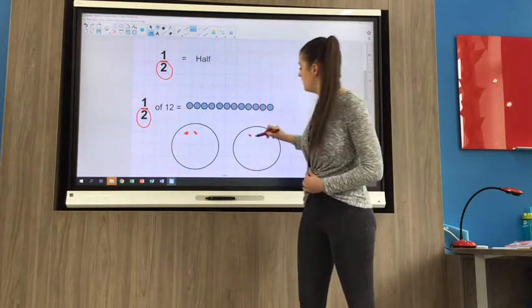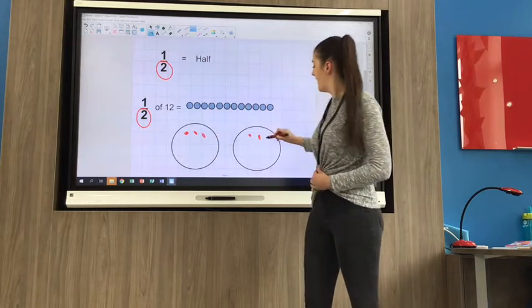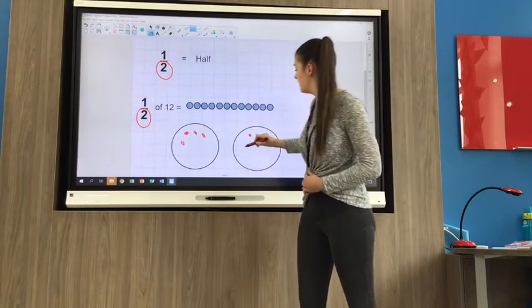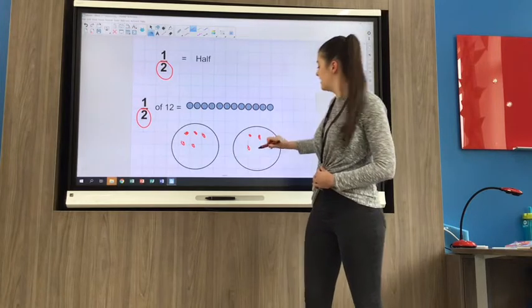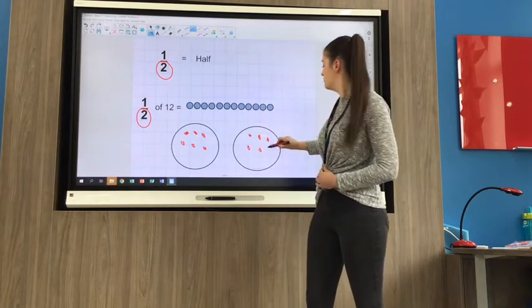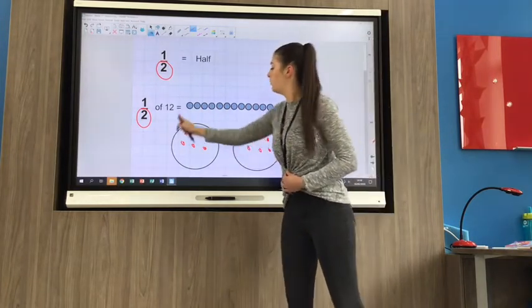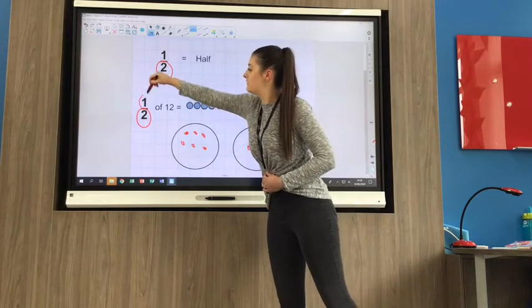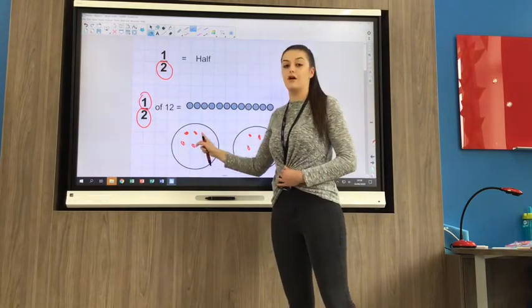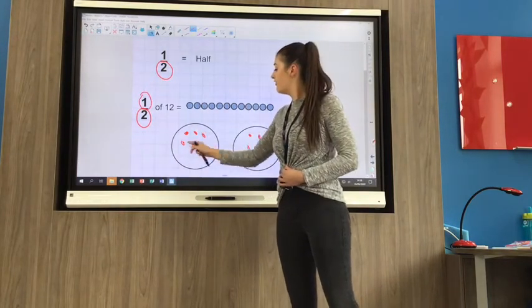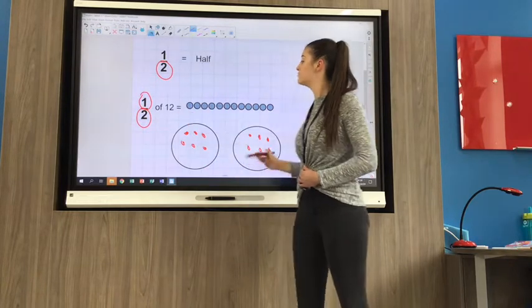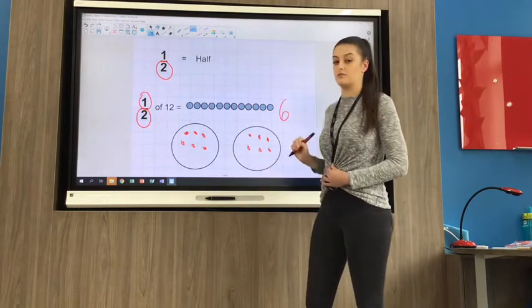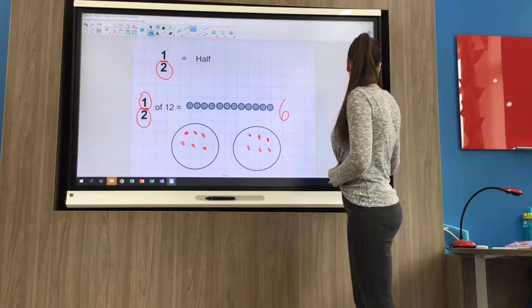That's 1, 2, 3, 4, 5, 6, 7, 8, 9, 10, 11, 12. And we just need to look in one of those groups, because my numerator tells me I just want one of those. So 1, 2, 3, 4, 5, 6. So half of 12 is 6. Okay? Let's have another look at one of those.